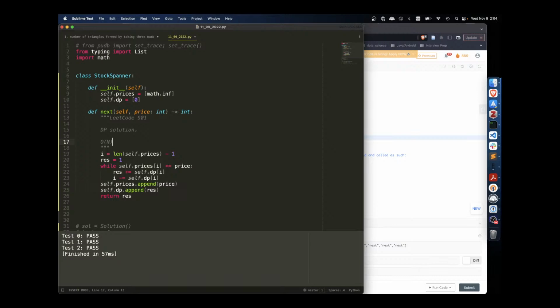Jagged just goes up, down, up, down. If that's the case, then everything goes here, and then it stops. So we can call it O(N), where N is the length of self.prices.